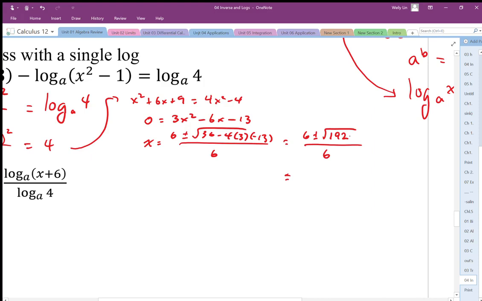Let's divide that by 16, so I'm going to get my calculator here.